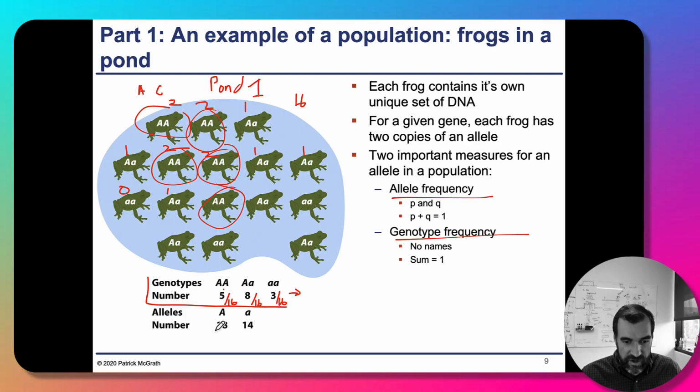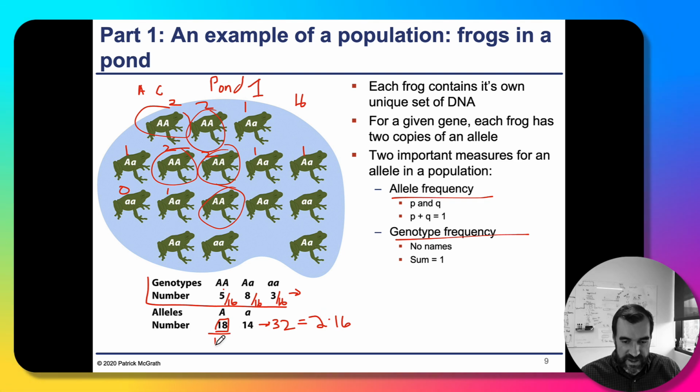Here, we've added up all of those together, and it's 18 big A's and 14 little a's. If you add these two numbers together, that equals 32, which is equal to 2 times the population size. That's just because a diploid animal carries 2 alleles: 1 allele from your mother and 1 allele from your father.